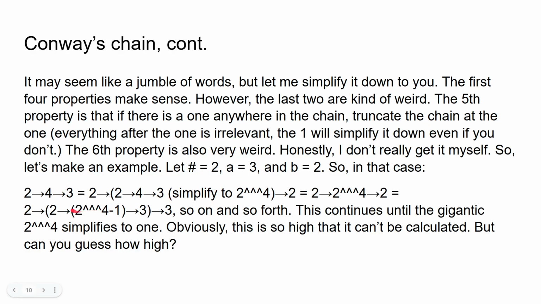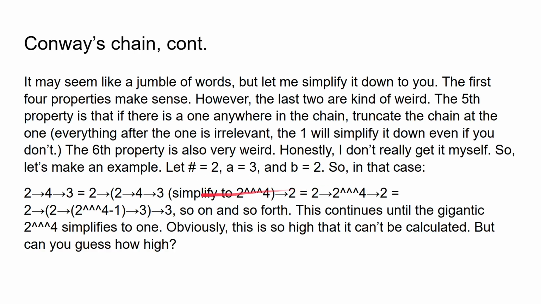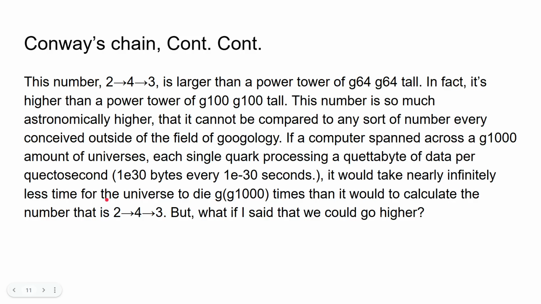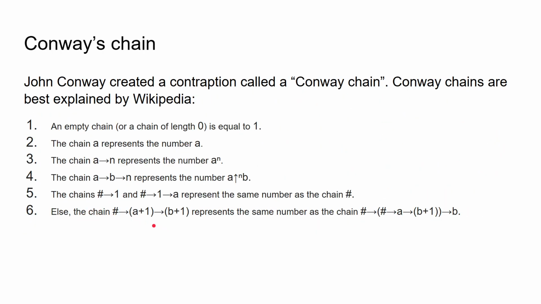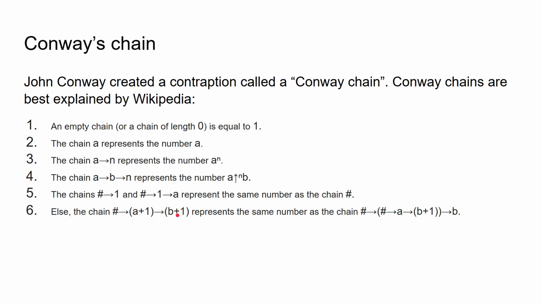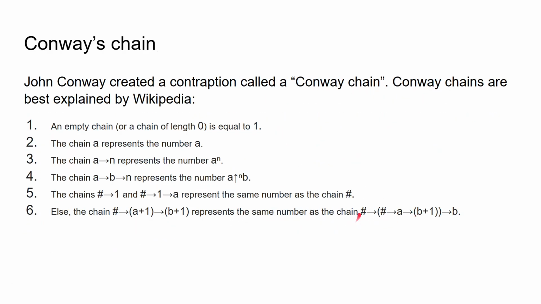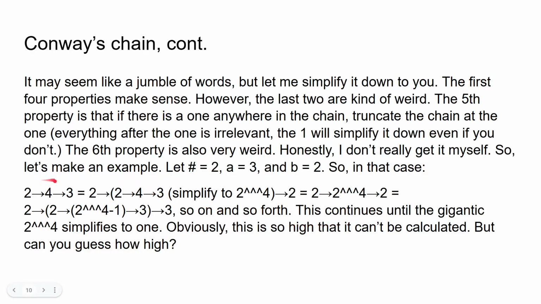So 2 4 3 looks pretty innocent, right? According to this, obviously, chain 2 4 3 is equal to, okay, so chain A plus one. A is three, B is two. I may have done this wrong. A is three, B is two. Oh yeah, no. So plus one is equal to number two.